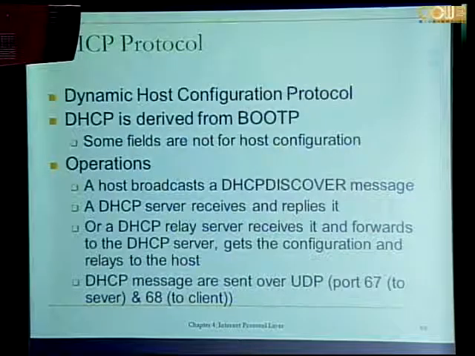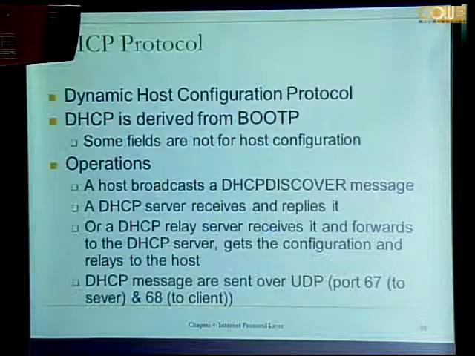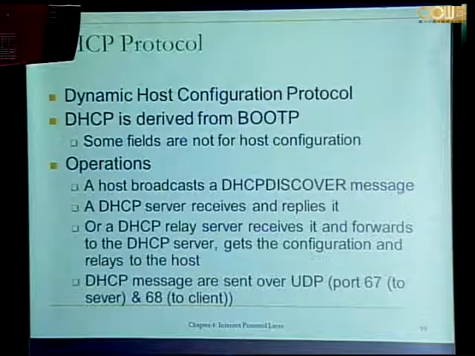If you need to get an IP address or some other parameters, then you broadcast a DHCP discover message. So the DHCP discover is a broadcast message. Again, how do we do broadcast? You put the destination MAC address of the frame to be all ones. That is a broadcast frame.